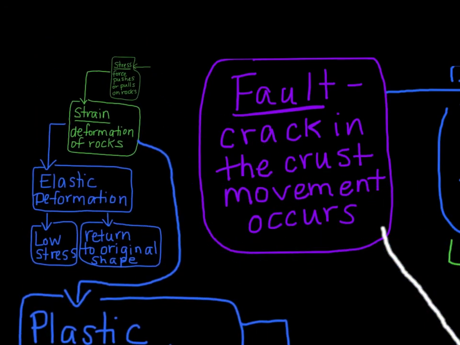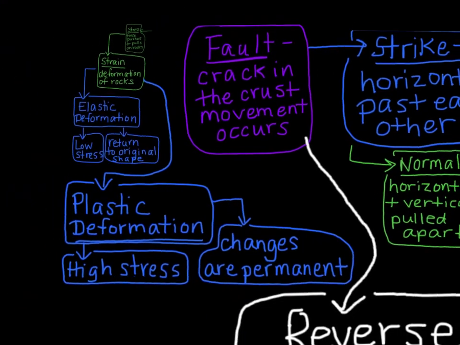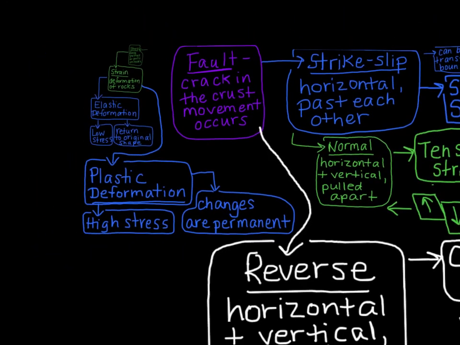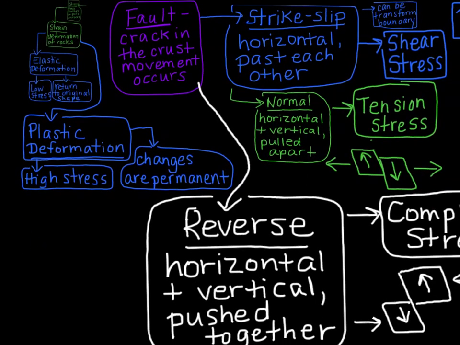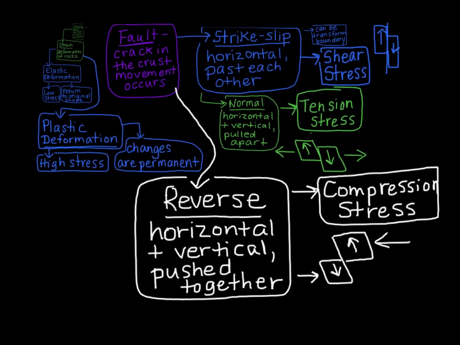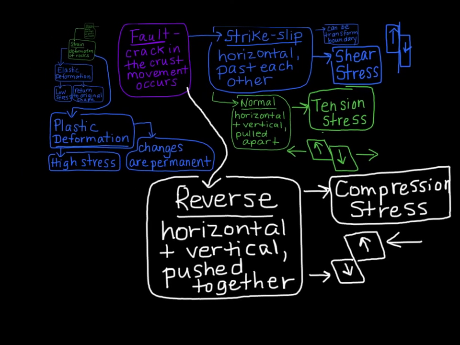Now we can learn about the types of earthquake waves, and next week how those waves travel through the earth and how we locate an epicenter and how we measure the strength of those quakes.